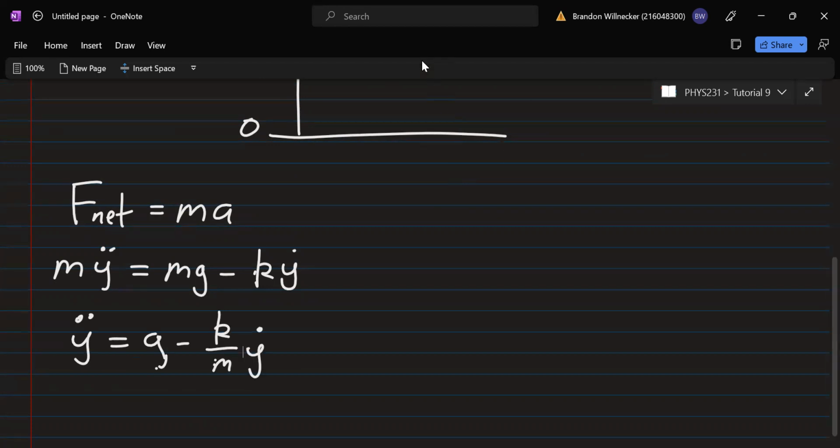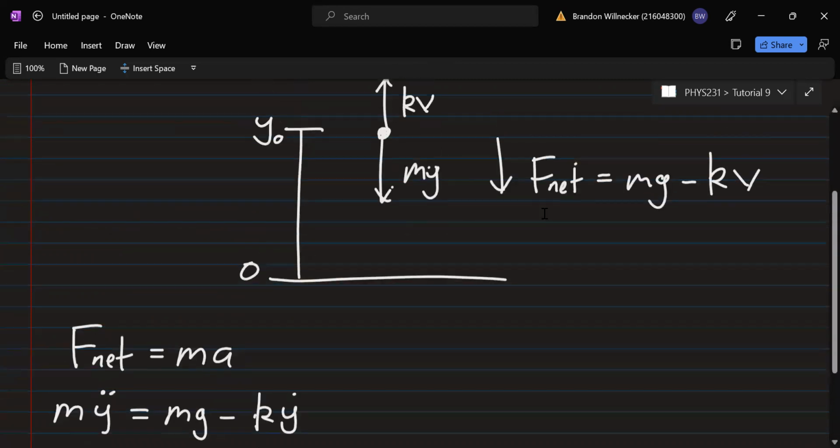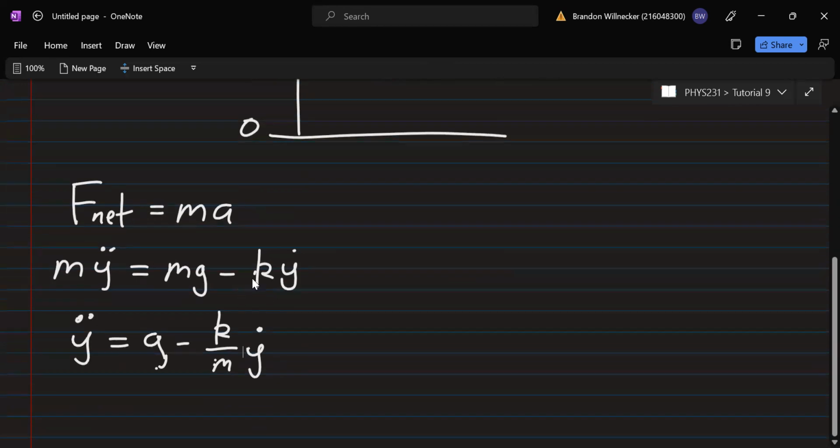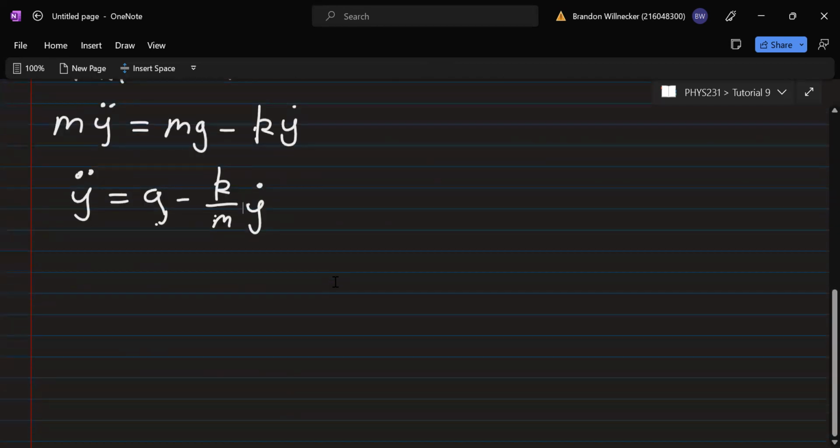So we've got a linear second order differential equation, but now with this y dot term. As we've seen with tutorials 7 and 8, we would like to turn this into two first order differential equations. We've already introduced that variable: v is going to take the place of y dot.